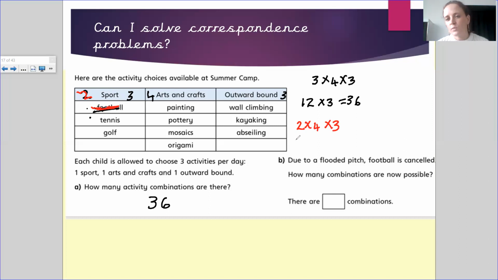And I know with my associative law that 3 times by 4 is equal to 12 times by 2 gives me 24. Could have also gone 2 times 4 is 8 times by 3 is 24. So due to a flooded pitch, football is cancelled. There are 24 combinations.